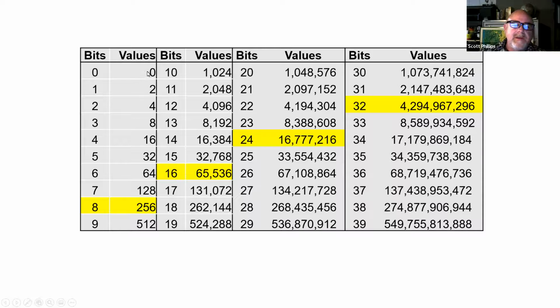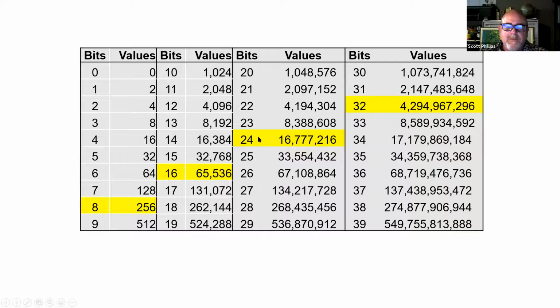So here's how many values. If you have no bits, no values. A 1-bit number can represent 2 values, a 2-bit number can represent 4. And as you go up in bits, it doubles each time. 8-bit is common for computer applications. You can have 256 values. 16-bit, you can have up to around 65,000.